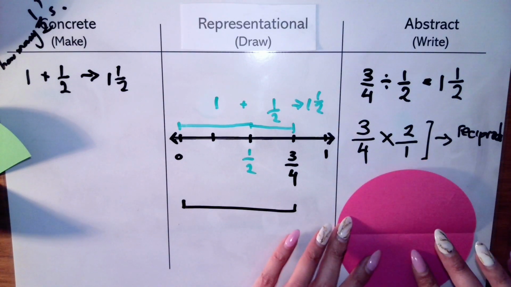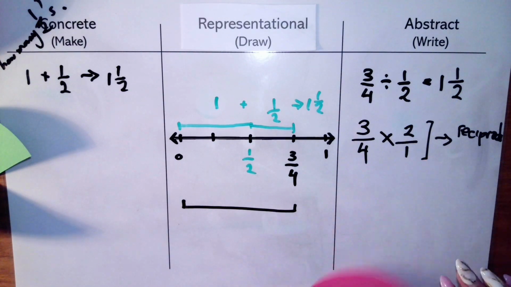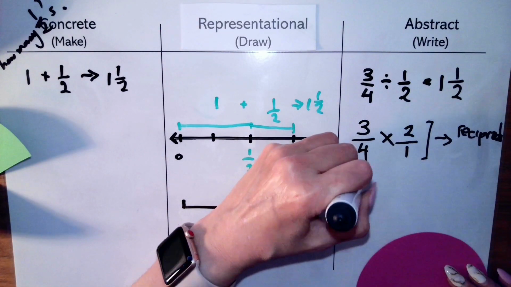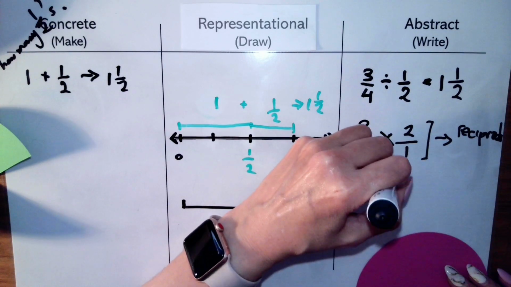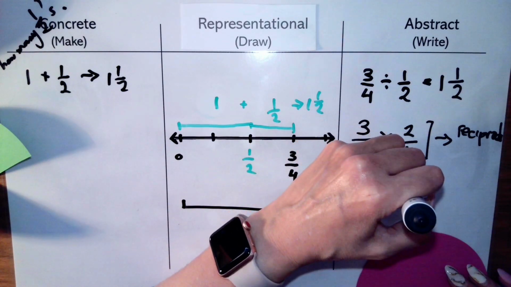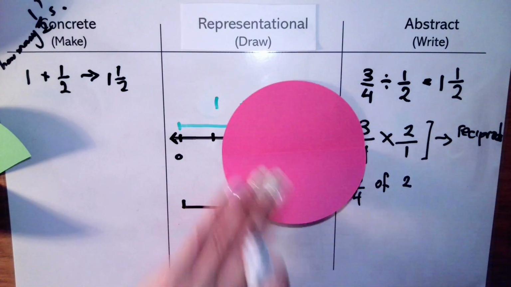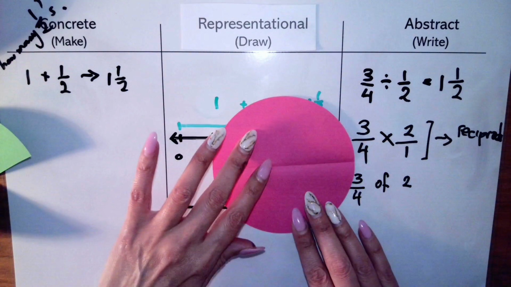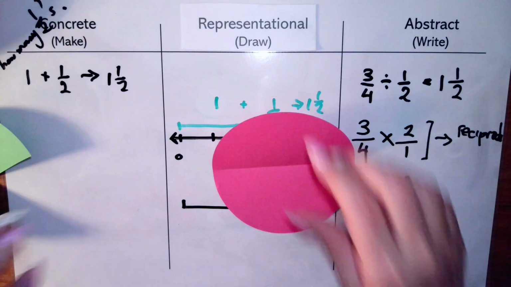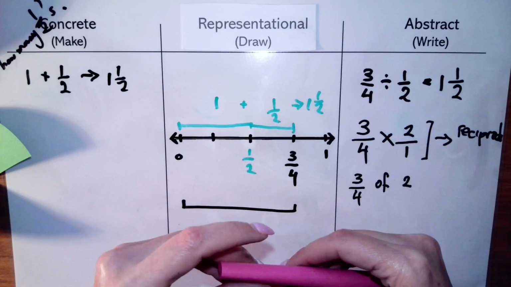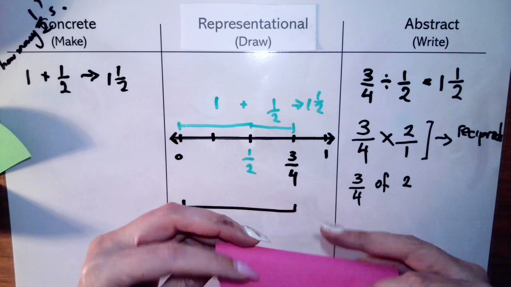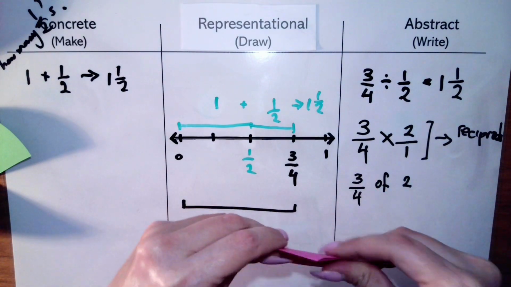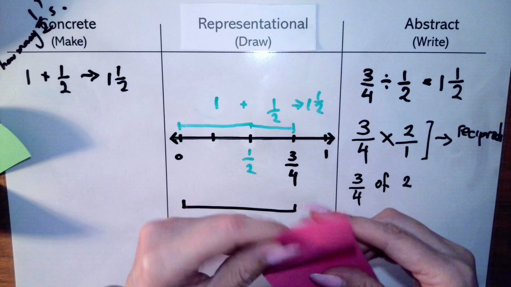So what you're really saying here is you want to find 3/4 of my 2. So what is 3/4 of these 2 pieces? So if I was to find my 3/4, now you can see why you'd start with an easier example first.